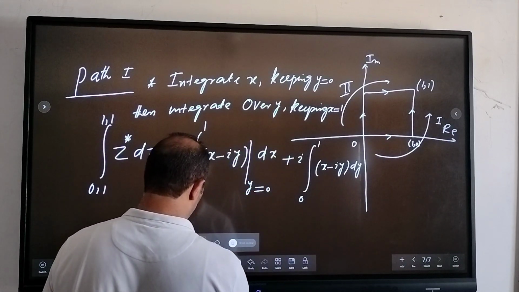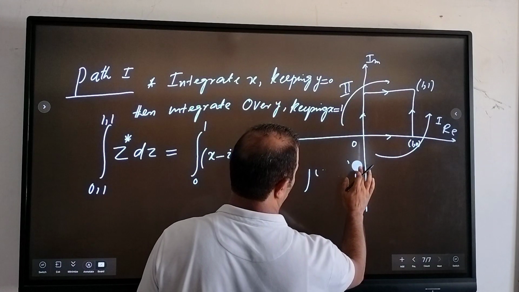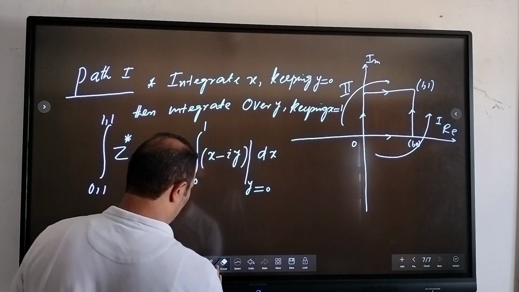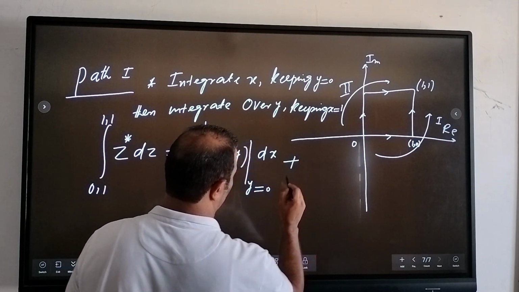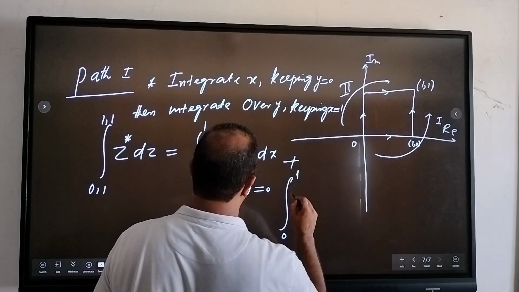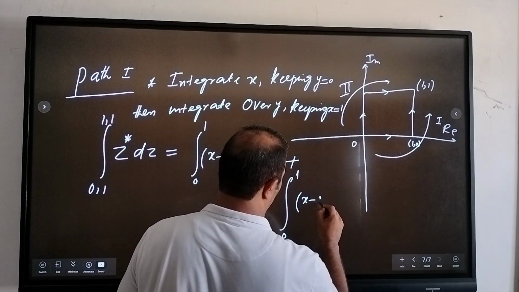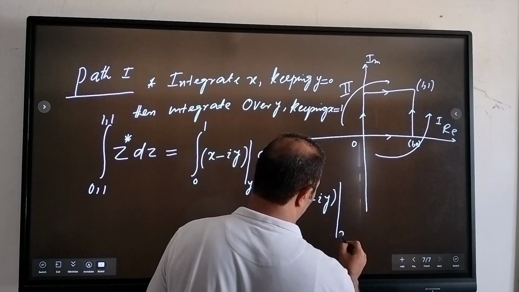That is to write it here, because I can write this as plus, and putting that x equal to 1.